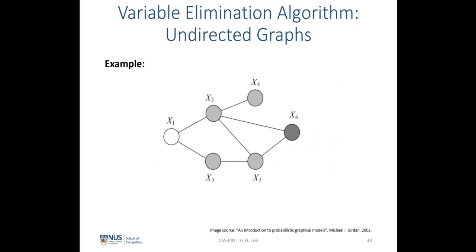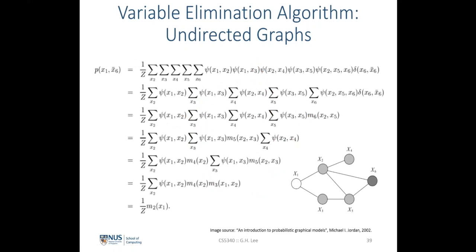So here's an example of an undirected graphical model. Notice that there are no more directed edges in this graph, and it becomes a Markov random field. We'll still use the same notation where the darker shading means that we have observed this node as an evidence node, and X1 over here, which remains unshaded, is our query node, and all the rest of the nodes here would be our nuisance random variables, which we denote as XR.